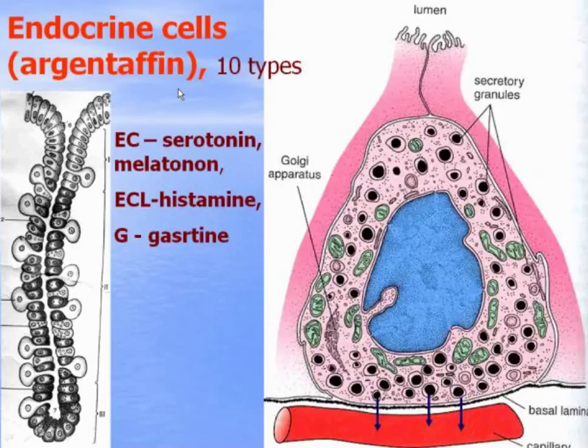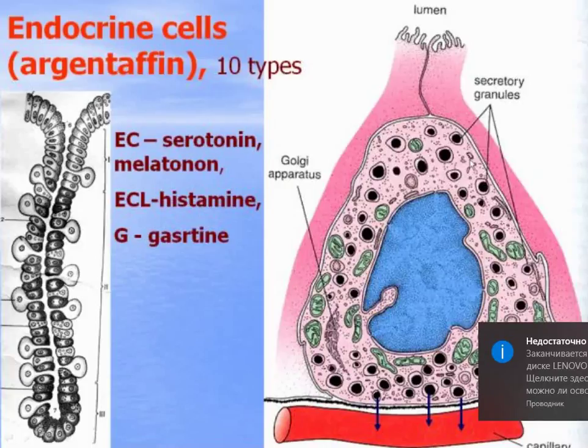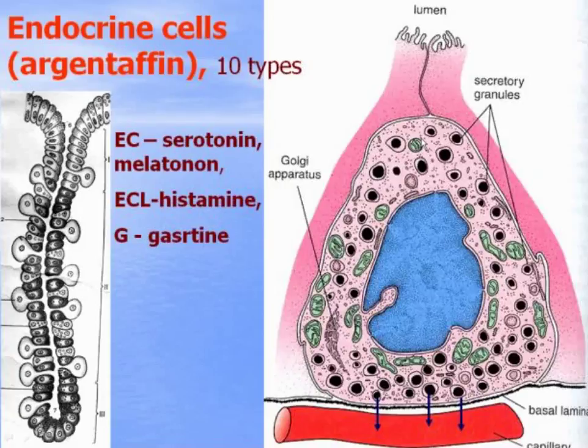Endocrine cells, or argentaffin, because they stain by silver impregnation. These endocrine cells belong to the diffuse endocrine system. Hormones accumulate in secretory granules, mostly in the basal part of the cells. The apical portions of these cells don't reach the lumen of the glands, and they release the secret not into the lumen but through the basal membrane into the blood of surrounding blood capillaries.